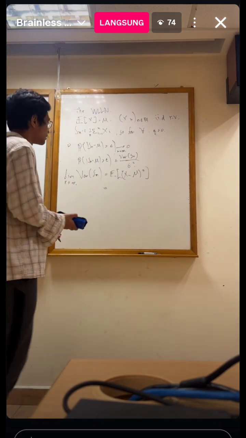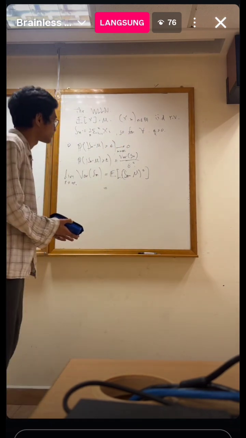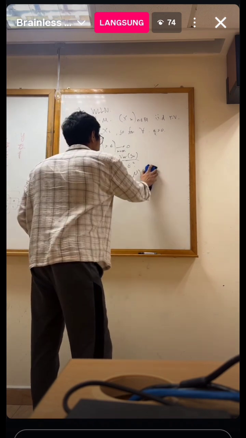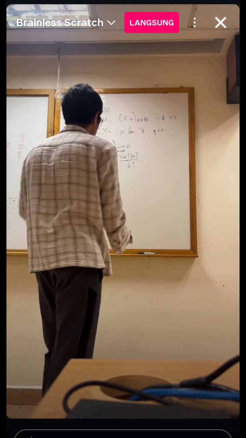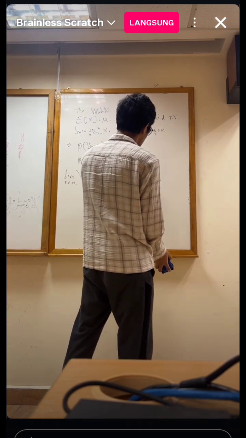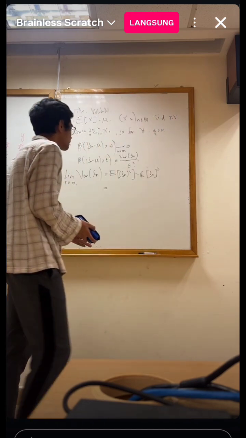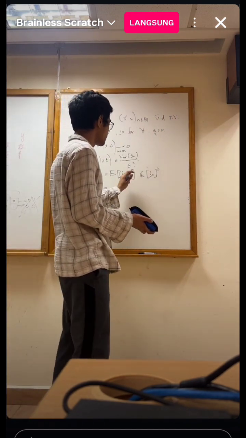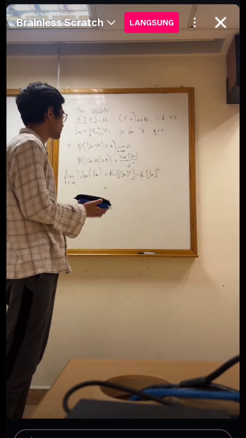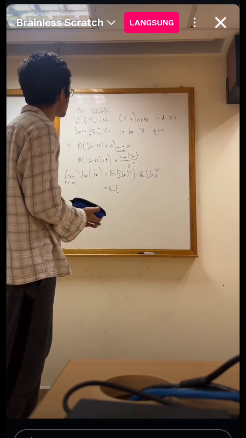Actually, no, I think it would serve us better to use this definition, the expected value of Sn squared minus the square of the expected value of Sn. What is this guy supposed to be? Sn squared.